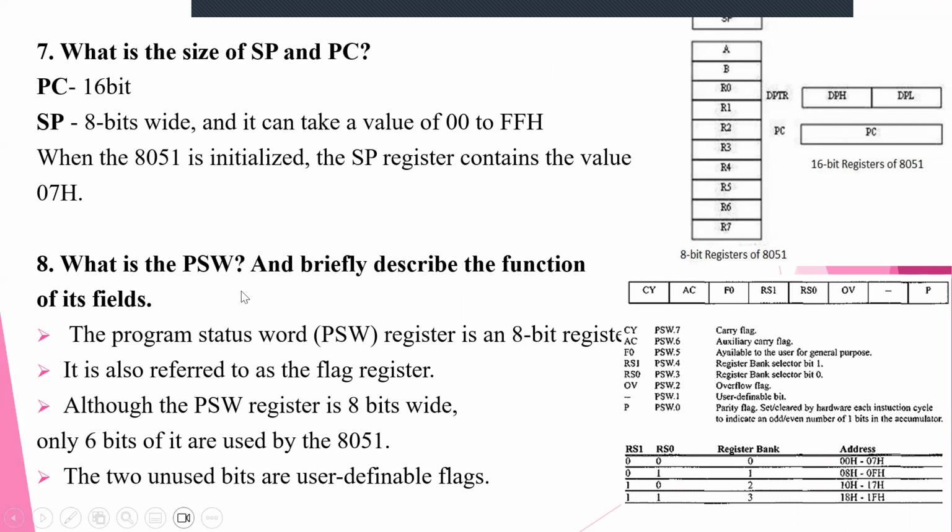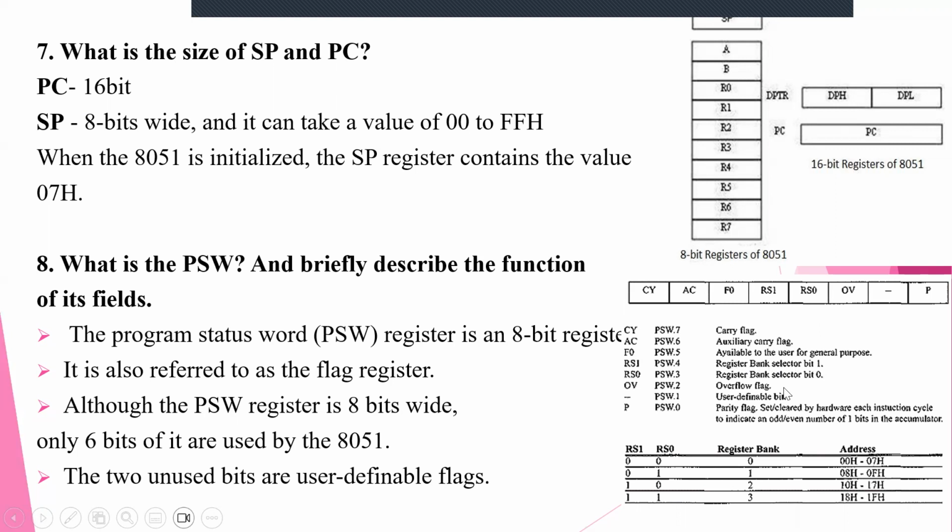So now what is PSW? We have seen what is PSW, program status word, and briefly describe the function of it. Now you will see. This program status word is an 8-bit register. It is a flag register which is going to show you which flag is arising during the execution of your program. So you have carry flag, auxiliary carry flag, register bank select, then a general purpose flag, overflow flag.